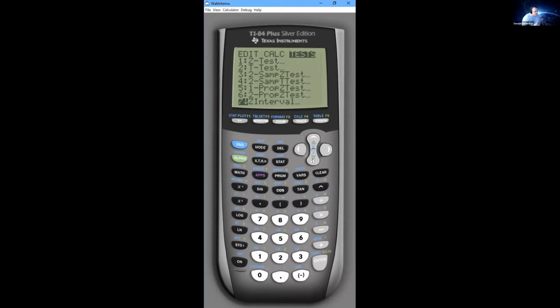So if they tell you the population standard deviation, sigma equals a number, then you use number 7. On the other hand, if they don't, you use number 8. And you see it's called T interval for T distribution interval, right? So you got to make sure you pick the right one, or else you'll get an interval, but it won't be the correct one, right?